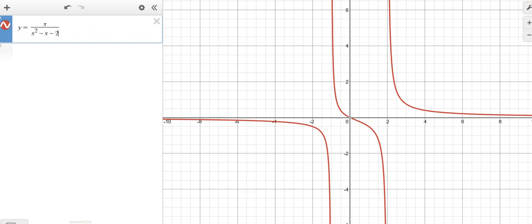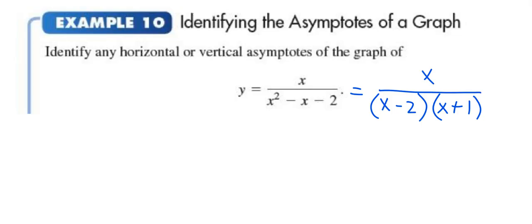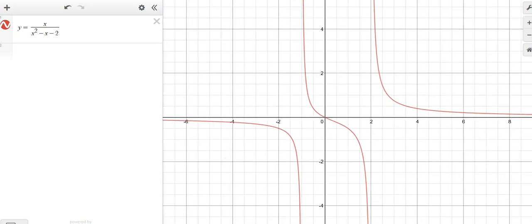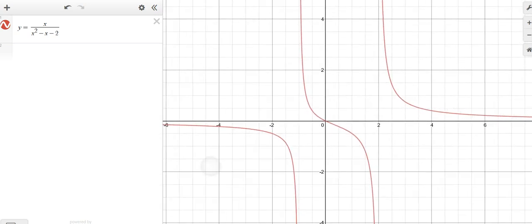Is it minus x minus 2? Yep. All right. Look at the graph.